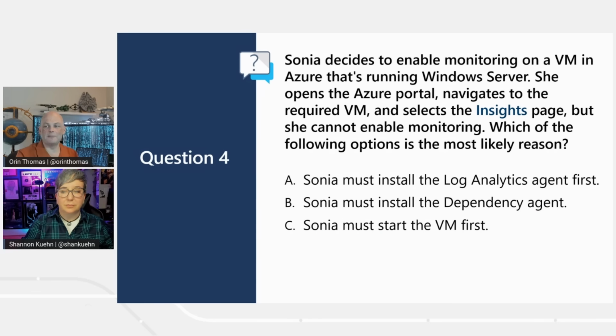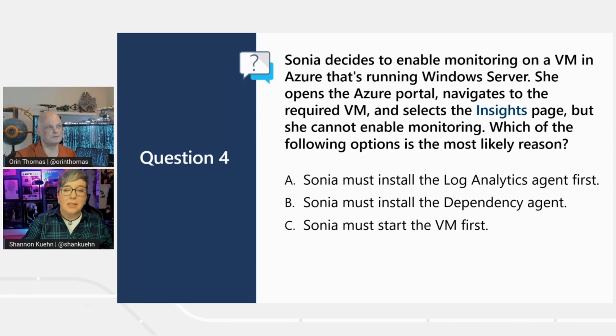Sonia needs to enable monitoring in a VM in Azure that's running Windows Server. She opens the portal, navigates to the required VM and selects the Insights page, but she cannot enable monitoring. What's the most likely reason that Sonia can't do this? We've talked about this a couple of times, so you should have this in your head fairly close.